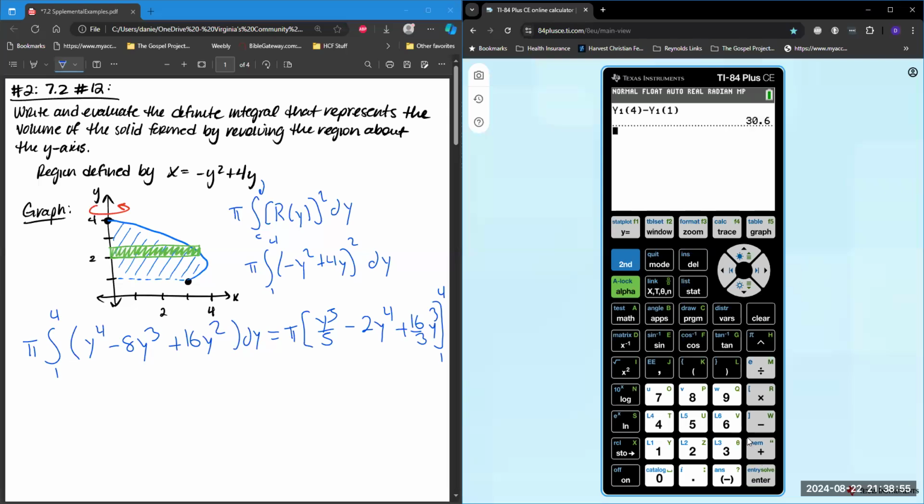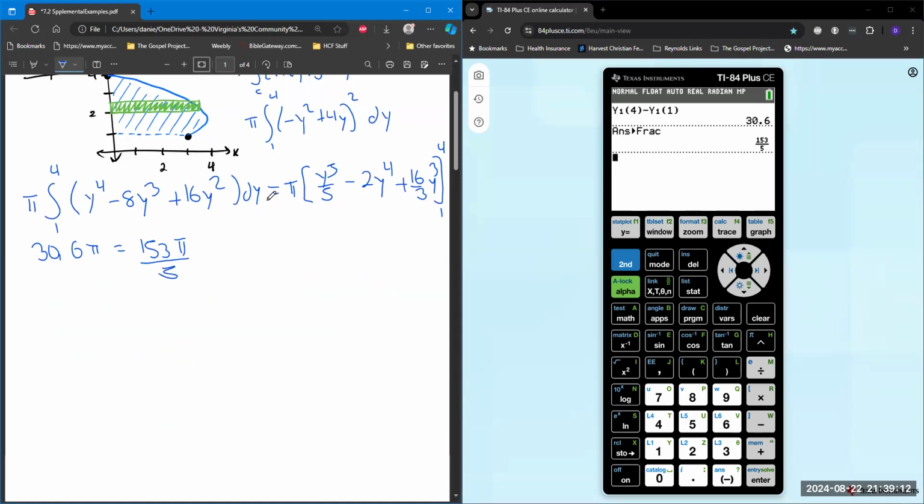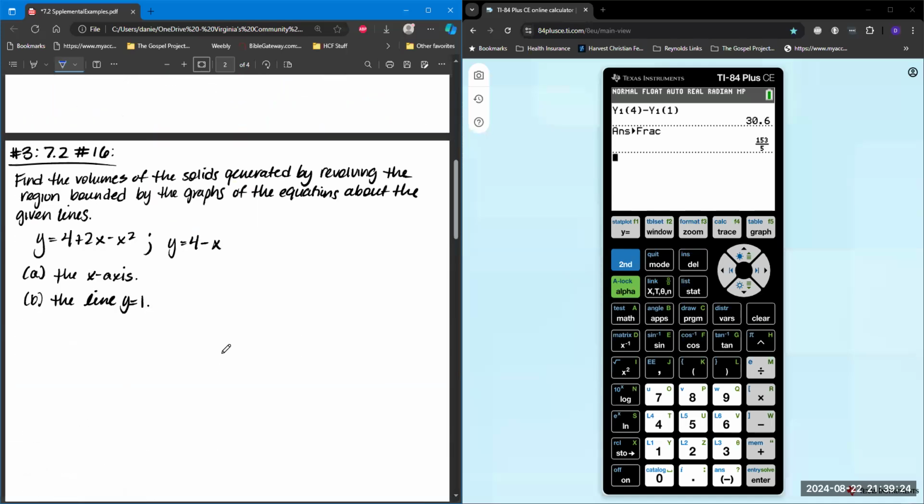That function notation, I get that that is 30.6 pi, which is the same thing as 153 pi over 5. If you want to go ahead and plug in the 4s here and simplify, and plug in the 1s here and simplify, you should get the same thing.